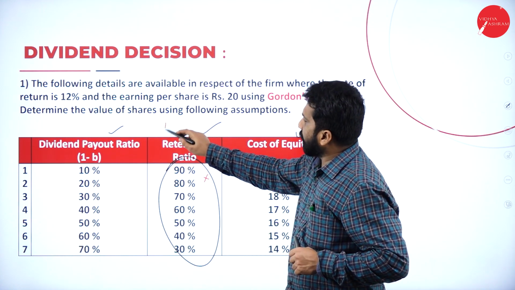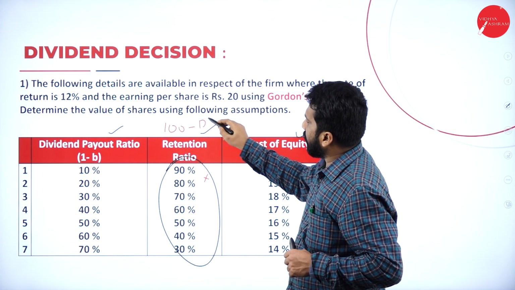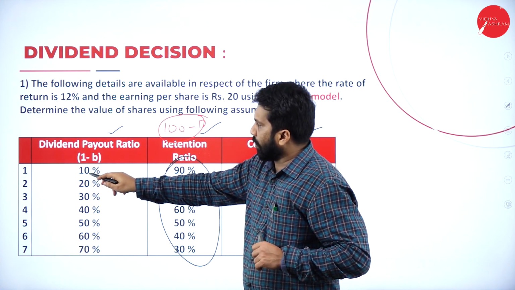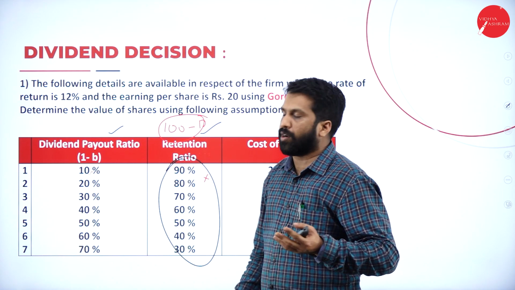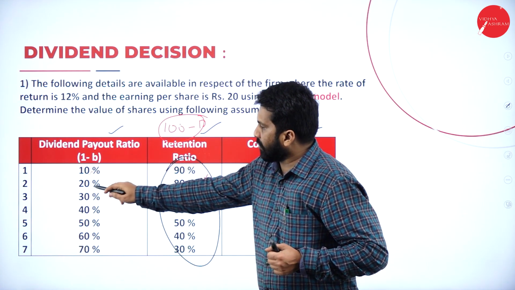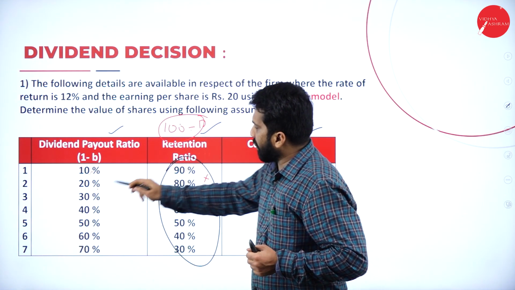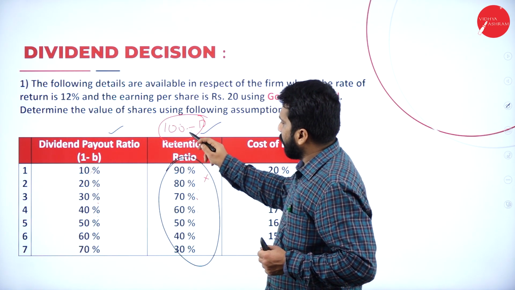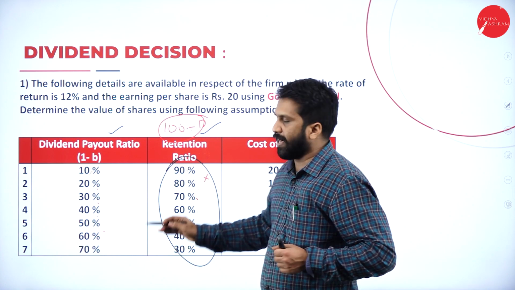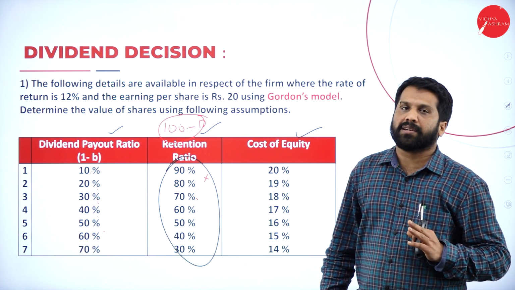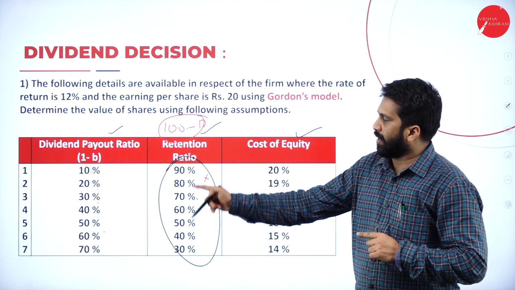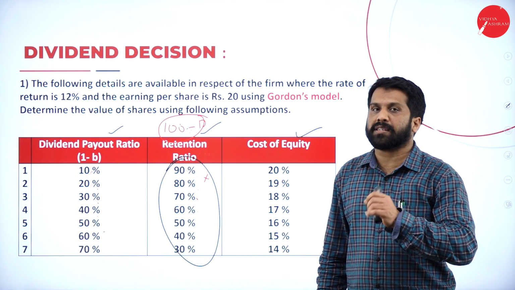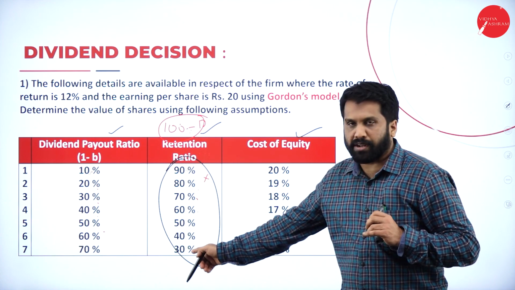Remember, 100 minus dividend, that is the retention. 100 minus 10 is 90. 100 minus 20, 80. 100 minus 30, 70. 100 minus 40, 60. 100 minus 50, 50. From 100, if you subtract your dividend, you will get your retention.